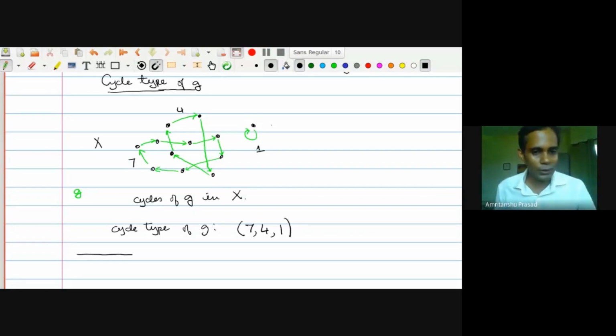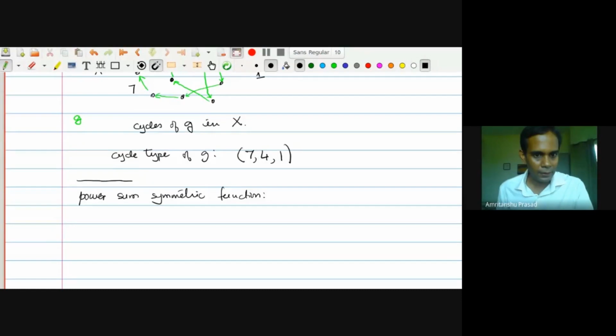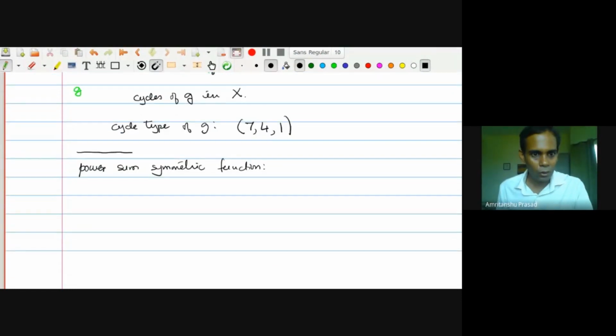I need one more little thing to define, and this is the power sum symmetric function. So suppose mu is this cycle type.